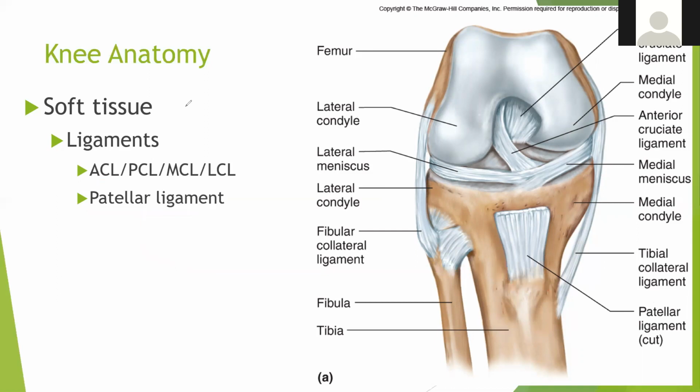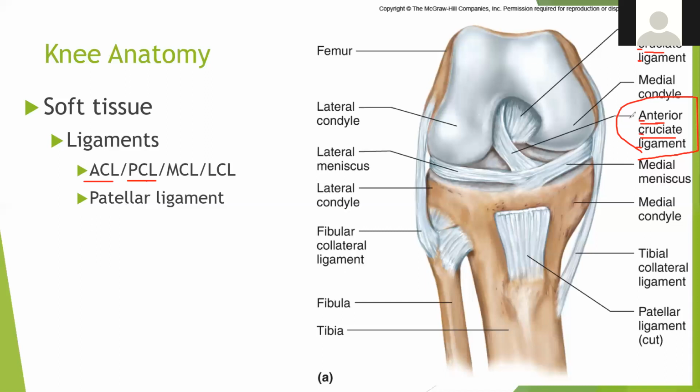Now, the other ligaments you'll need to know, ACL is your anterior cruciate ligament. That's right here. Cruciate means cross. Anterior means front. This pairs with your PCL, or your posterior cruciate ligament.